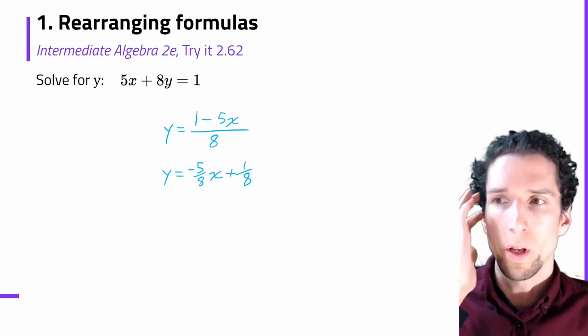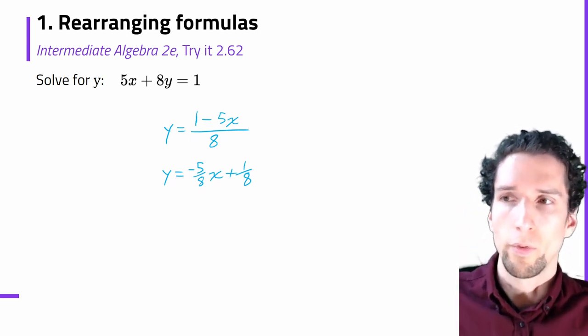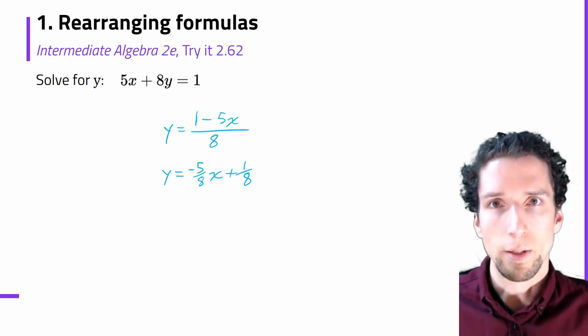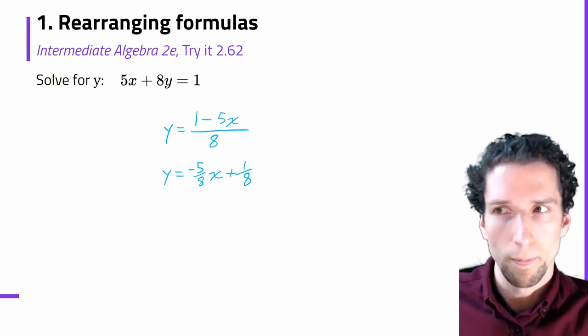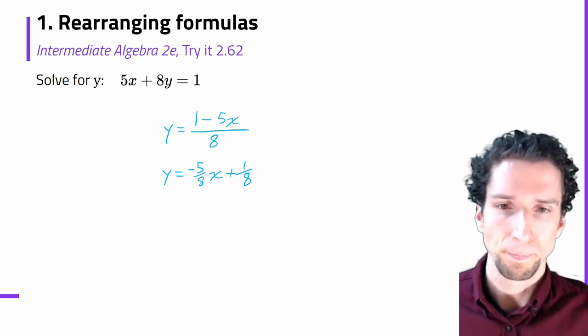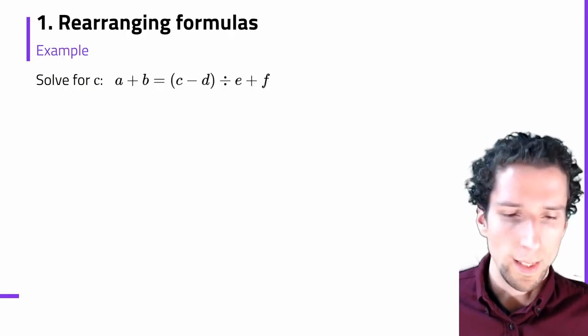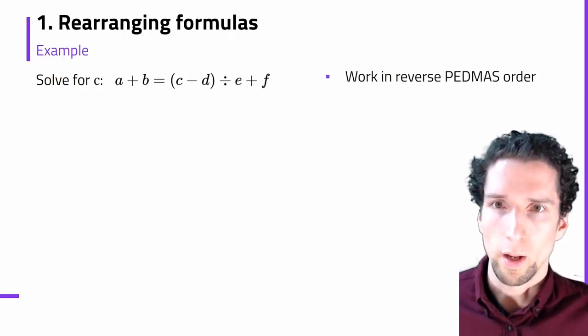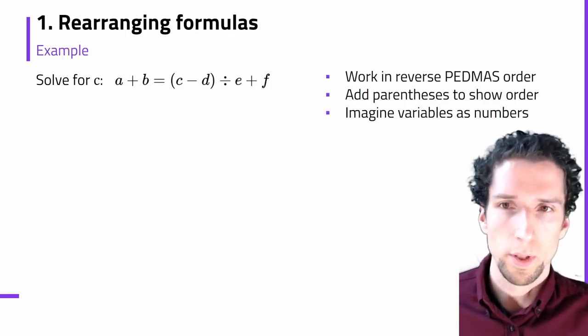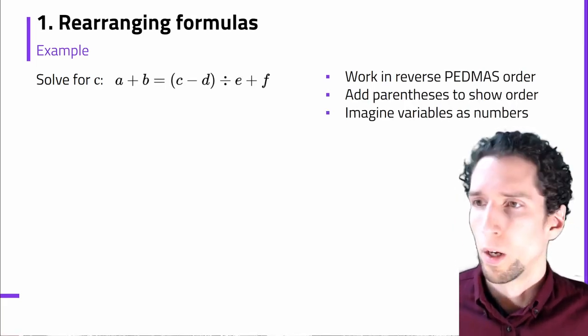And the third method is pretend that you have a number instead of a variable for all of your non-target variables, and then just intuitively, hopefully you see what the process is. All of those things can help us. So let's do that here, and I've written out the steps, just the 3 different suggestions that we could use.